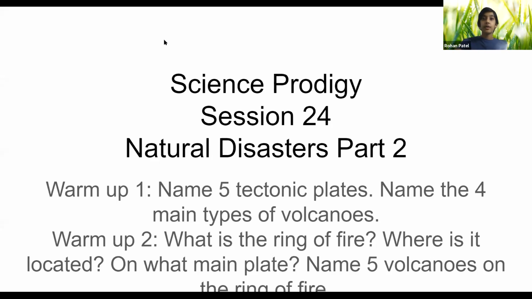Okay, so warm-up 1. Name 5 tectonic plates and name the four main types of volcanoes. Let's start off with Aryan. What's your answer for number 1? So the 5 tectonic plates are the African plate, the South American plate, the North American plate, the Australian plate, and the Pacific plate.